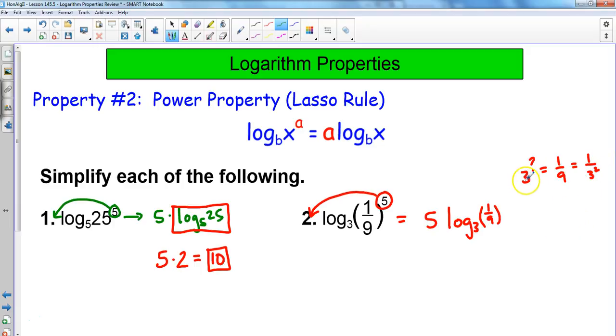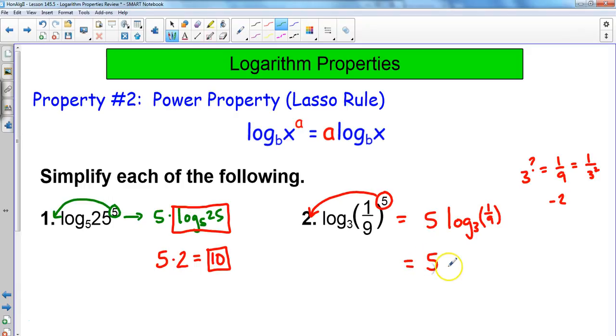We know that if we raise 3 to a negative power, it's going to give me the reciprocal, 1 over 3 to whatever that power is. So this is going to simplify to negative 2. So 3 to the negative 2 power will give me 1 over 3 squared, or 1/9. So come down here and finish up what we started.